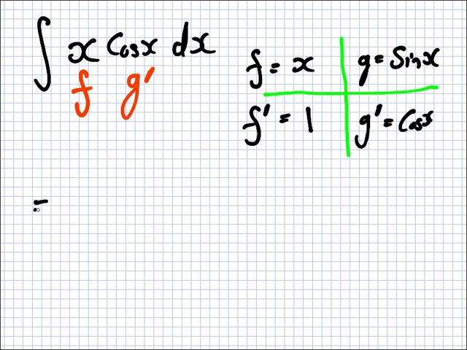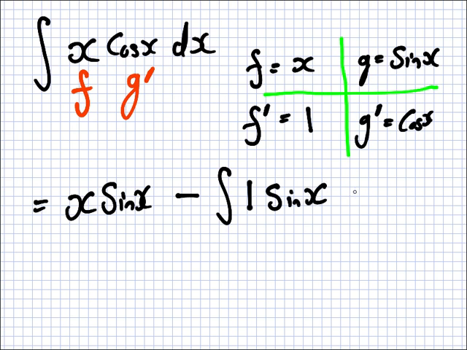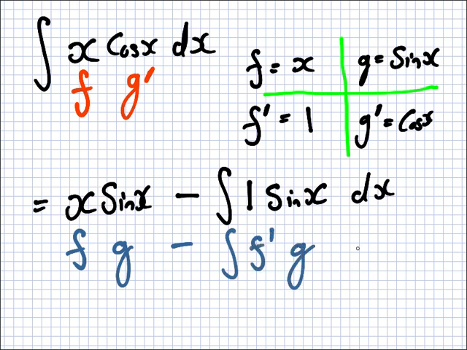So using the formula, this equals fg minus integrate f derivative, which is 1, g, which is sin x, dx. Let me just write the formula down. fg minus integrate f derivative g dx. Can you see me just matching them all up?